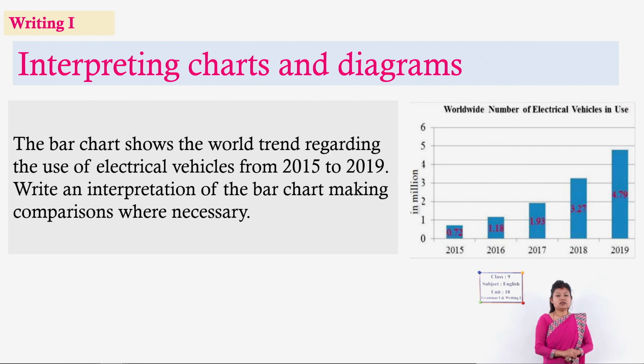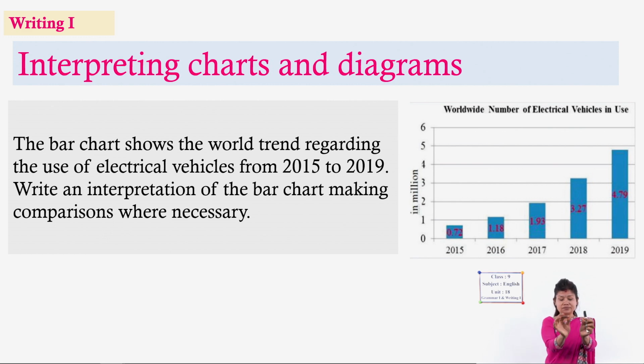In your book there is given an exercise or one task, okay. Here is one bar graph. You have to study it, observe it, get the information, and write it in a paragraph. The bar chart here shows the world trend regarding the use of electrical vehicles from 2015 to 2019.